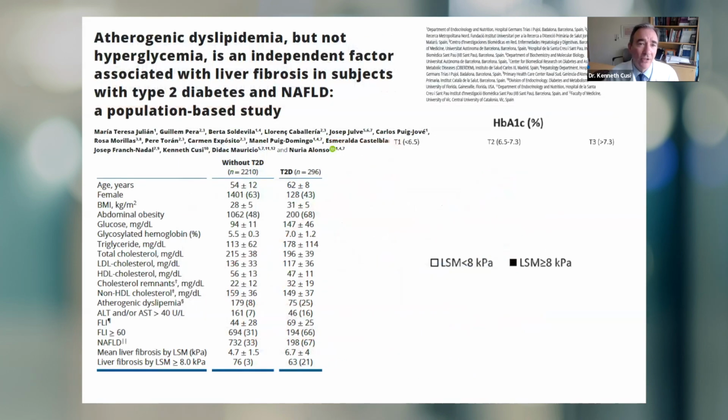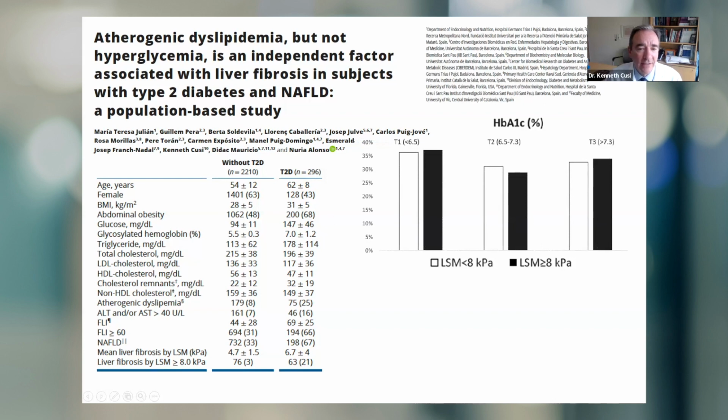So we looked at, again, in a recent study with a group from Spain, Dr. Maria Teresa Julian and Dr. Mauricio and Alonso, the different factors. A1C was really not different in the 3 tertiles, whether it was less than 6.5 or greater than 7.3.